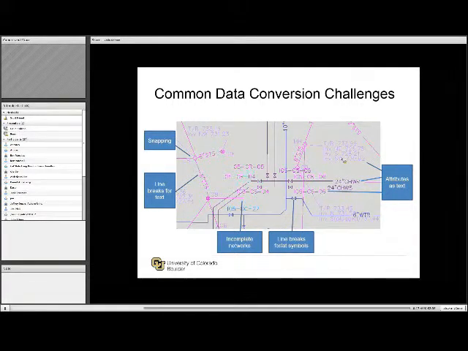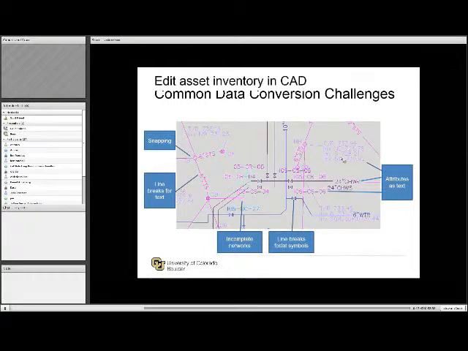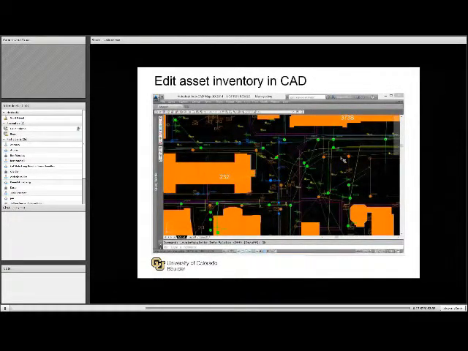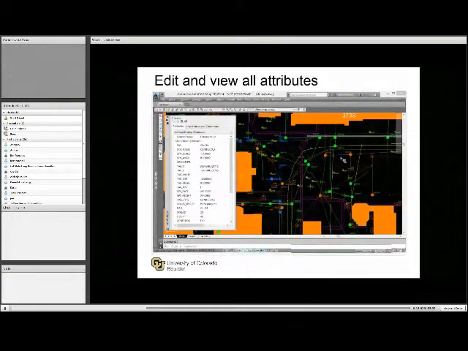So now you've got useful information that's there on your data set. Also, you have tools for editing such that you can be consistent with diameters and types and materials, and use pick lists and drop downs such that you build out a consistent and complete data set.